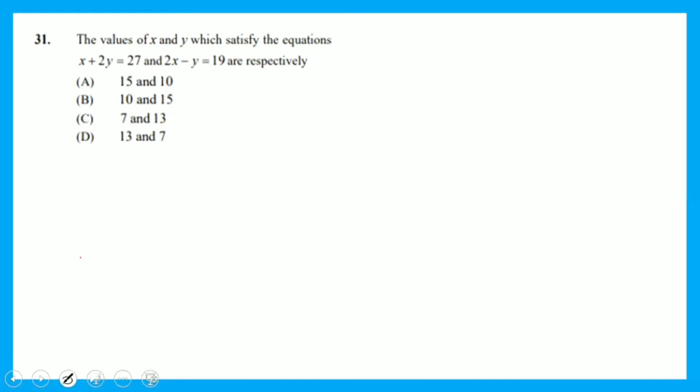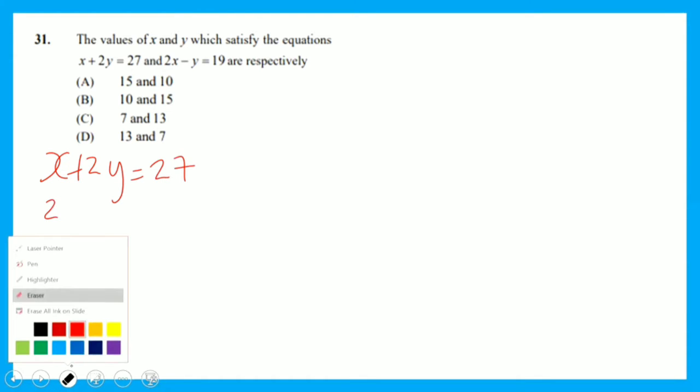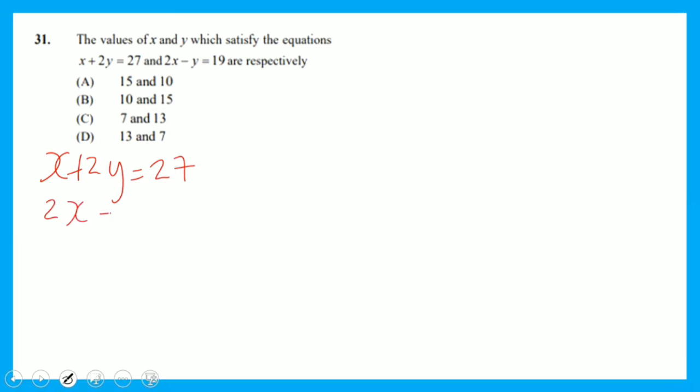All righty, so these 2 equations are being solved together to find the values of x and y that satisfy both. So we are definitely solving them simultaneously. And so let's go ahead and write them down. x plus 2y equals 27 and 2x minus y equals 19.